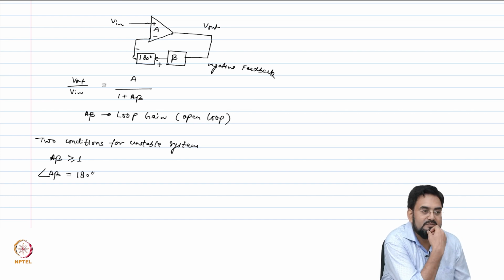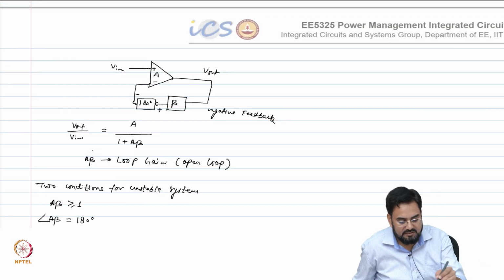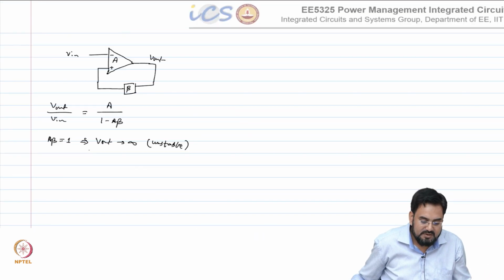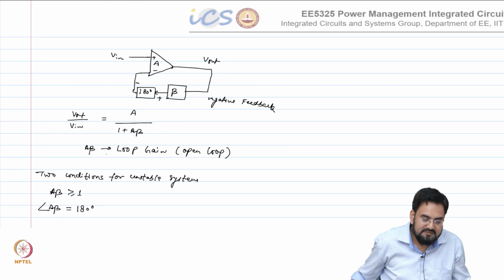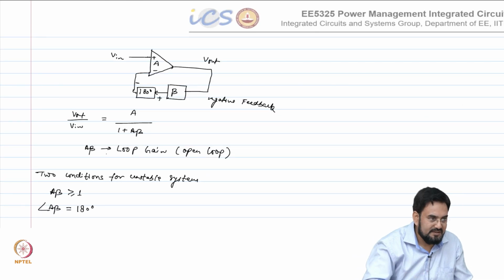Why gain A beta more than 1? Because it will shift the pole towards the right. That is mathematical, so you have to look around the loop. What you are doing is taking the output, feeding it back and amplifying.